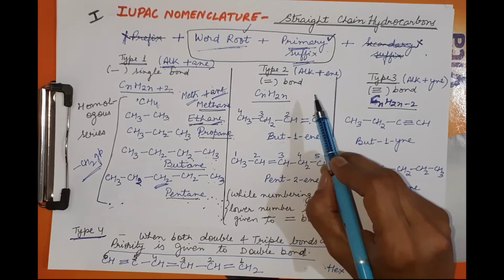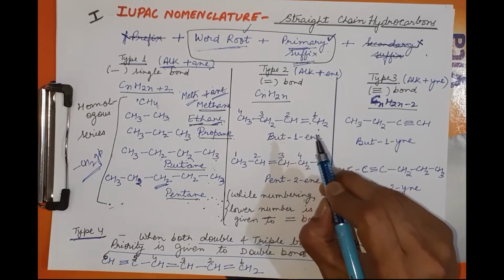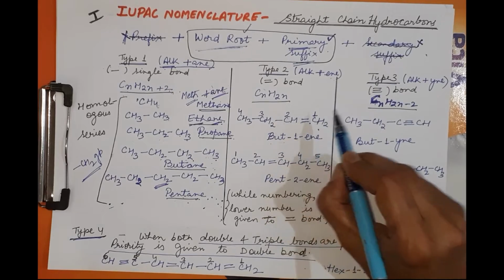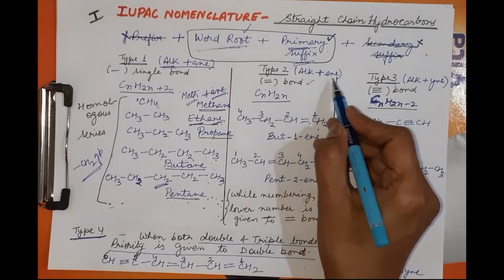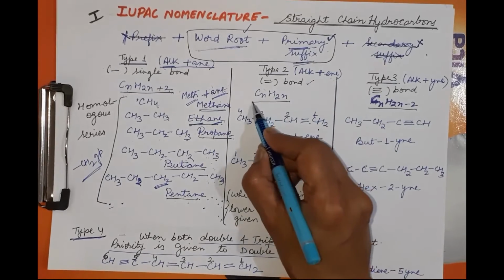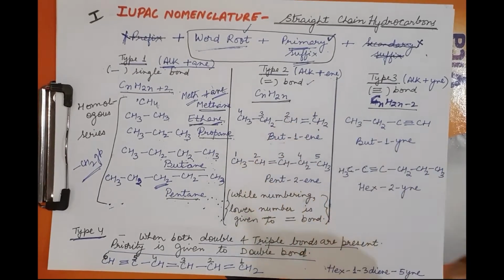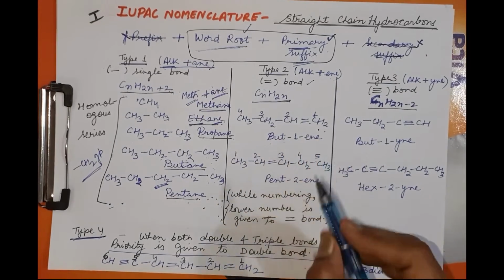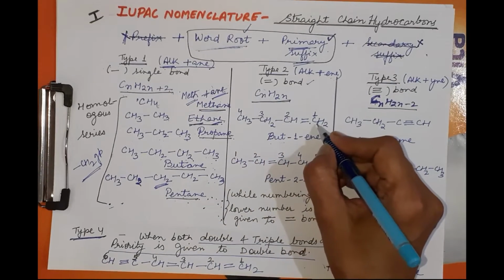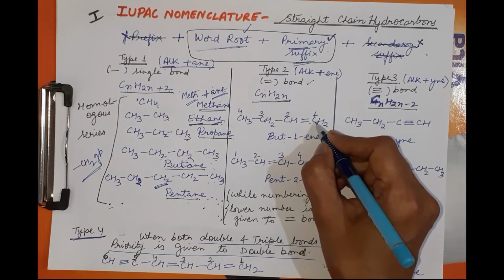Moving on to the second case, where unsaturation is there, and the unsaturation is due to the double bond. The general formula for these compounds is CnH2n. Let us take this first example. First let us see how many carbon atoms are present in the chain.